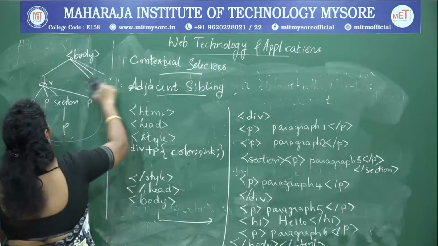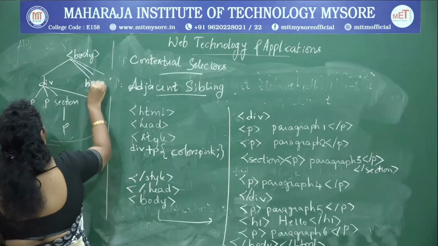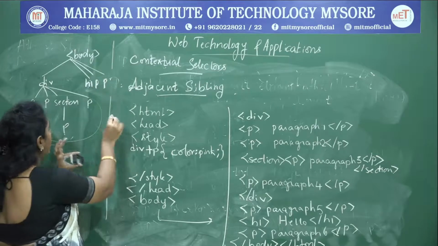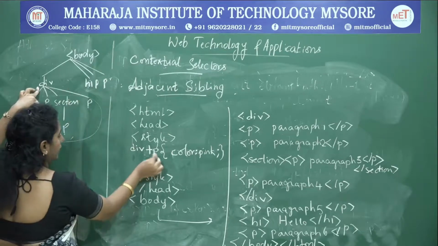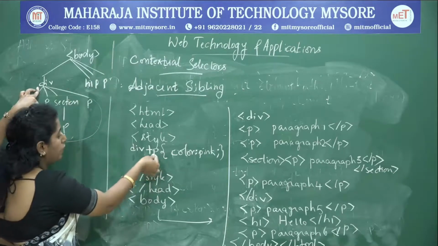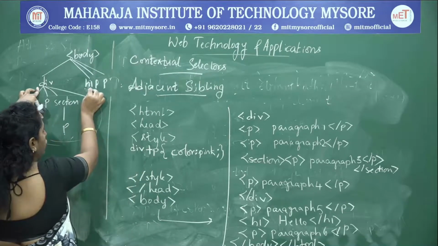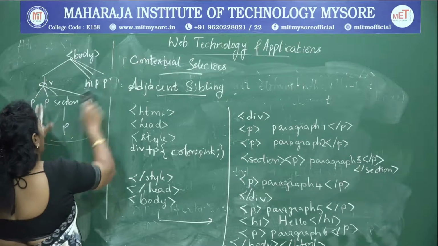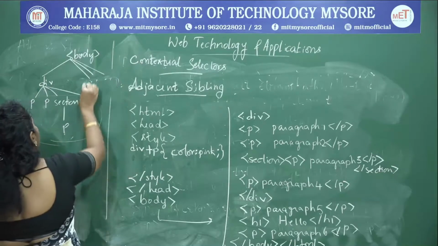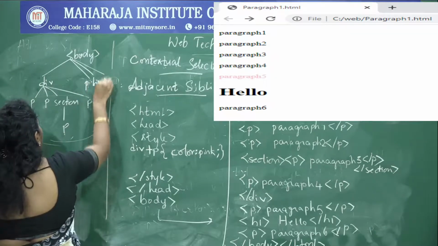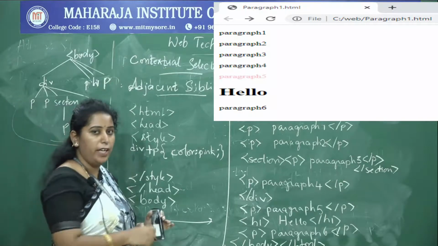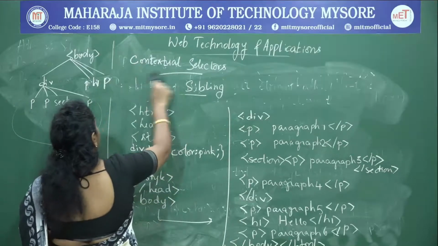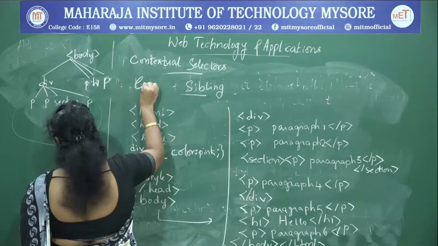In case, assume you have H1, P, P like this. If that is the case, for div, the next adjacent sibling is going to match with P only. Even though I have H1, it searches for the next P and this will be reflected. Okay. In our example, the tree is in this form. Don't get confused. Okay. So next one is general sibling.